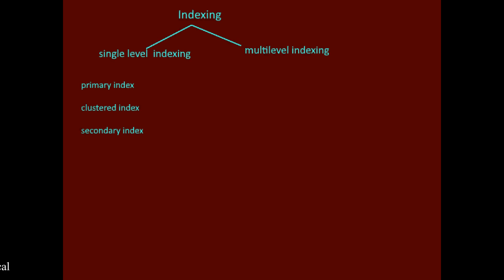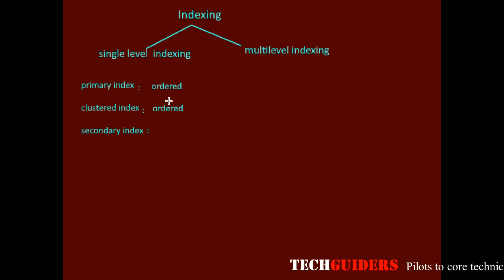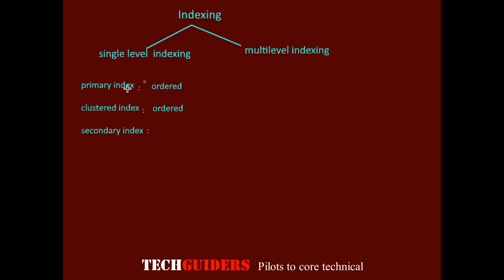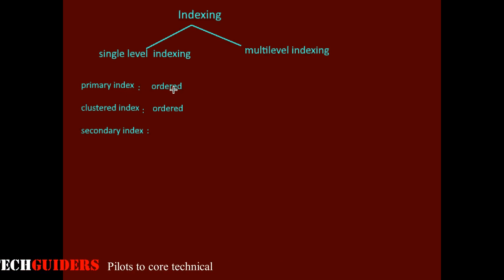In primary indexing and clustered indexing, the database file will be kept ordered or sorted on the physical storage based on some field or some attribute, and in primary index, that key or the field on which the file is ordered, which is called the ordering key. In primary index, that ordering key will be the primary key of the file.